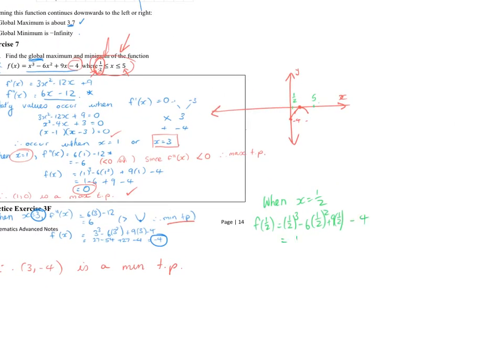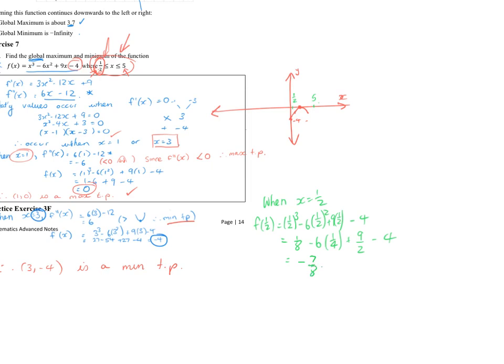That's 1/8 minus 6 lots of a quarter plus 9 over 2 minus 4. You can work that out in your head or use your calculator, and you should get minus 7 over 8.